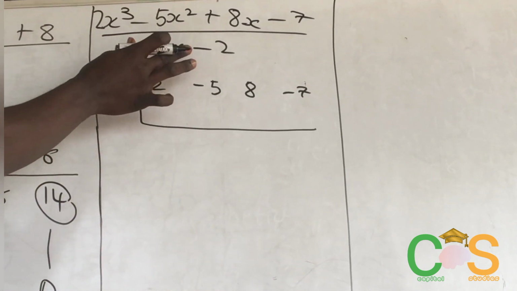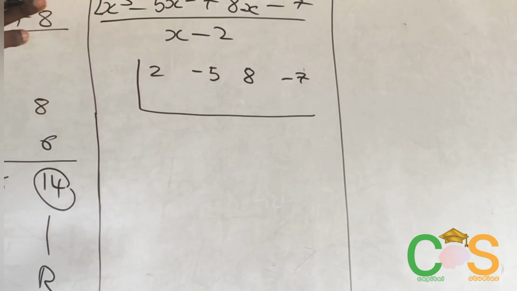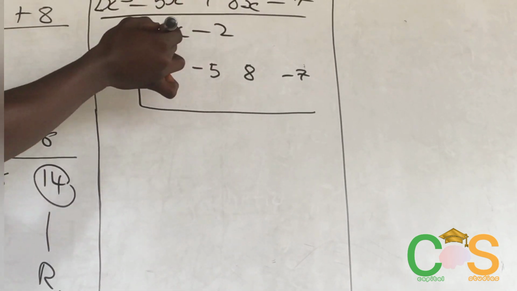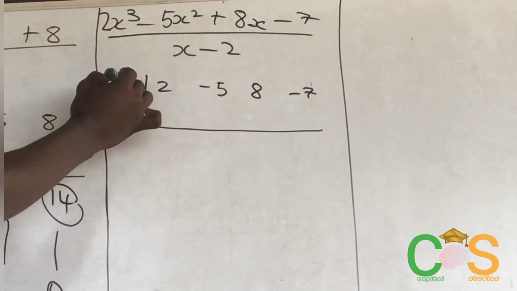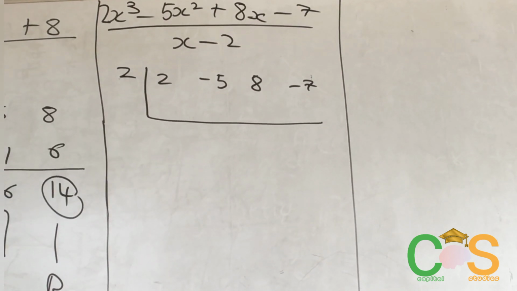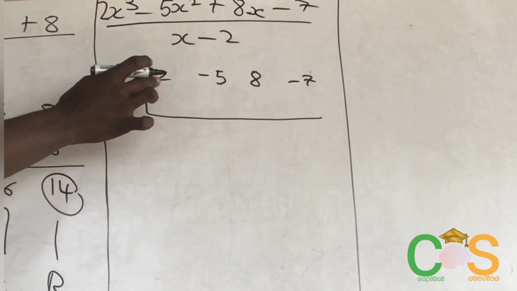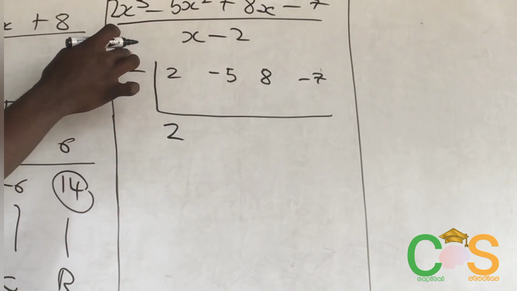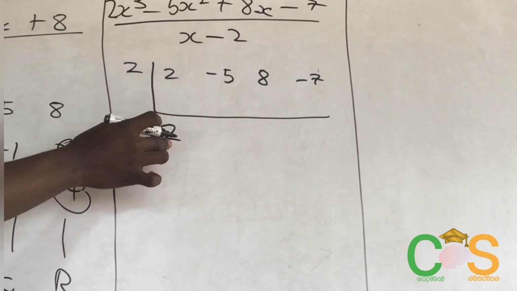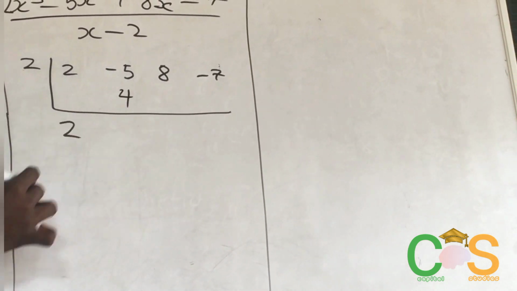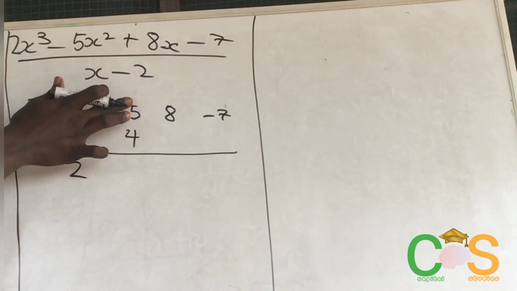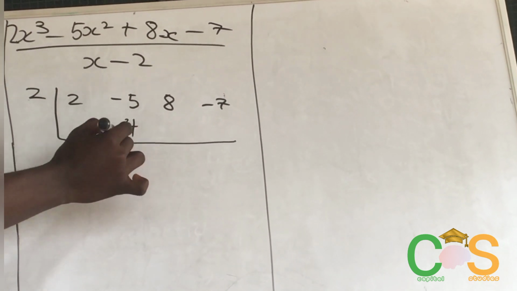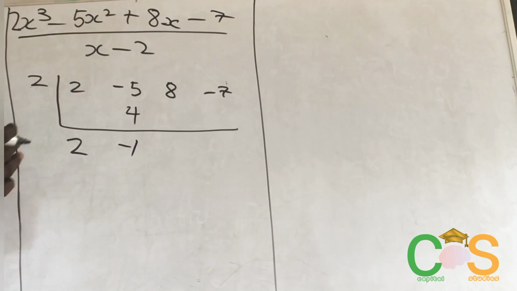We equate x minus 2 to 0 to get x equal to 2, and we write the 2 right beside the L sign. We first drop the first coefficient, so we drop the 2 down. Then you multiply the 2 by the 2, you get 4, write it beneath the negative 5. So minus 5 plus 4 gives you minus 1.